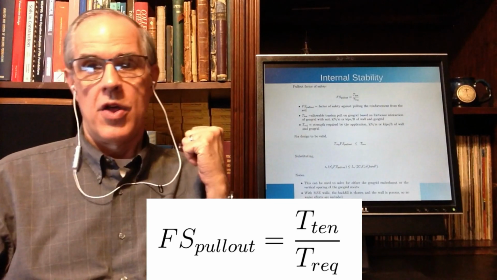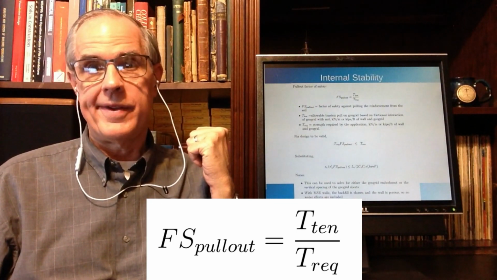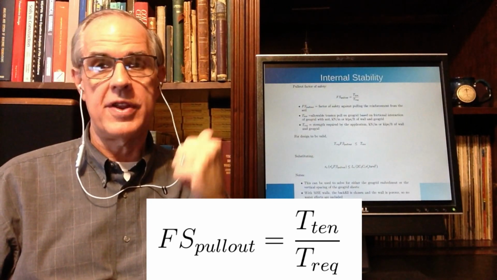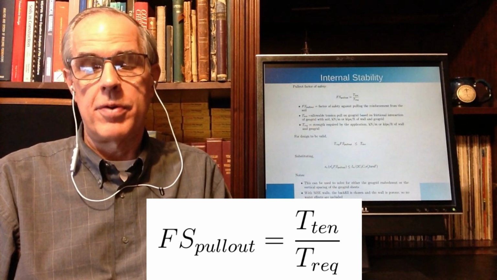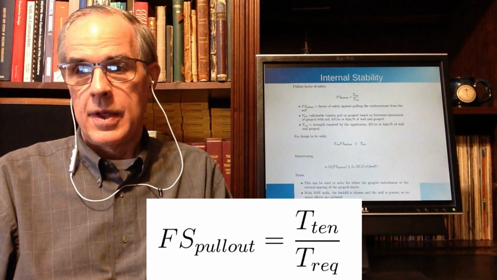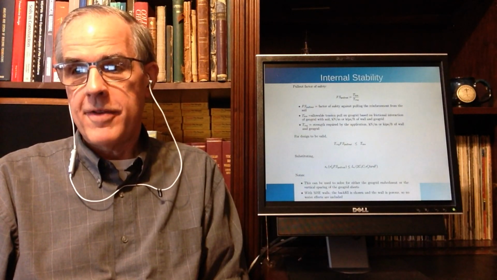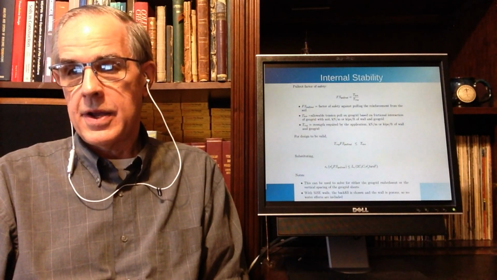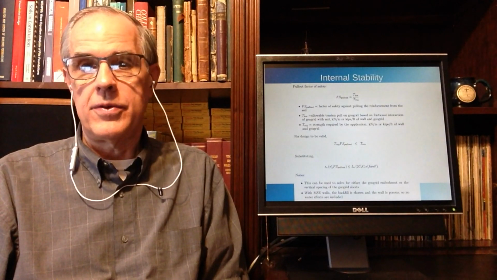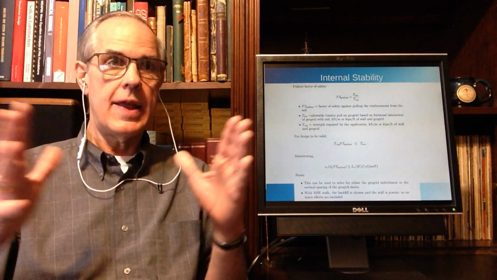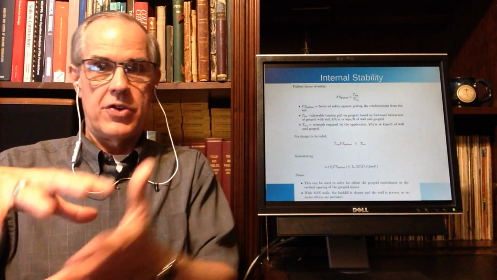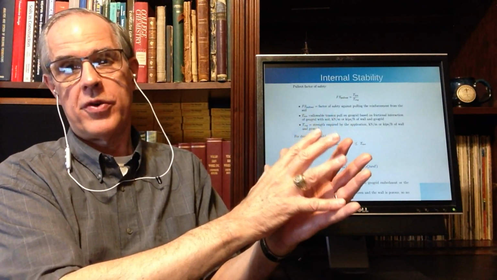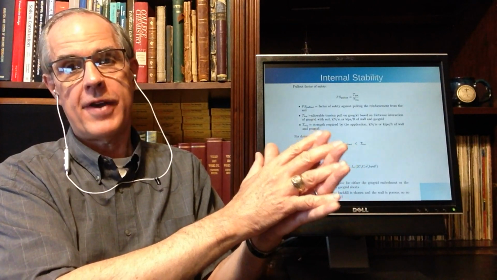What's driving this whole thing is the force on the geogrid by the lateral pressures of the wall. For the design to be valid, the LE has to be long enough that you have enough frictional forces on one end to resist the pull force on the other times that factor of safety.